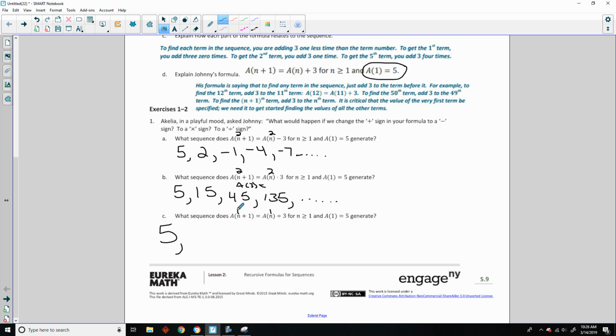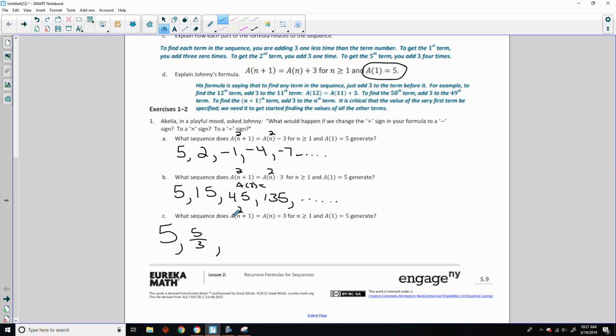And a of 1 plus 1 is a of 2, my second term, equals my first term, 5, divided by 3. 5 divided by 3 is 5/3, or 1 2/3, or 1.666 repeating forever. We'll leave it as a fraction since it is a non-repeating, non-terminating decimal.